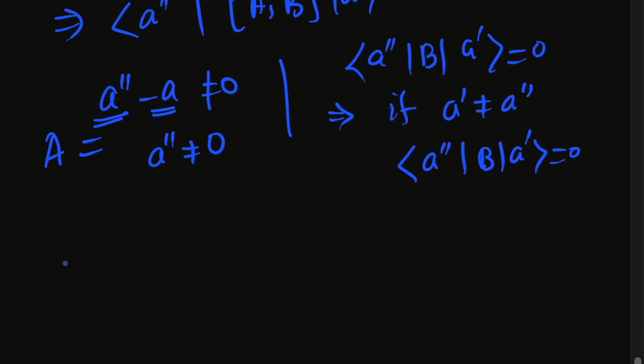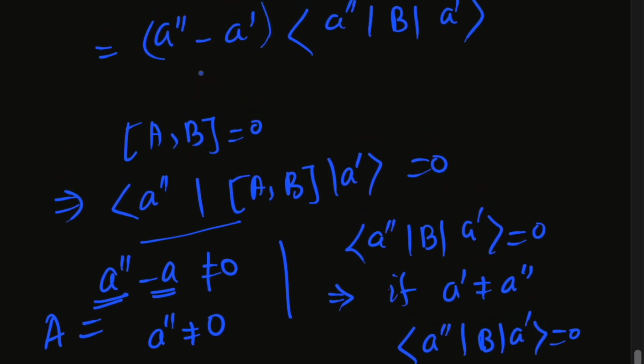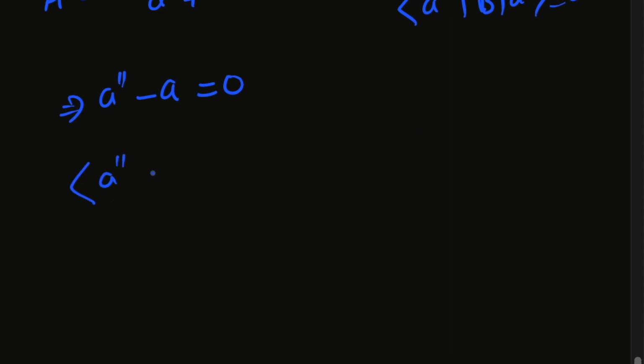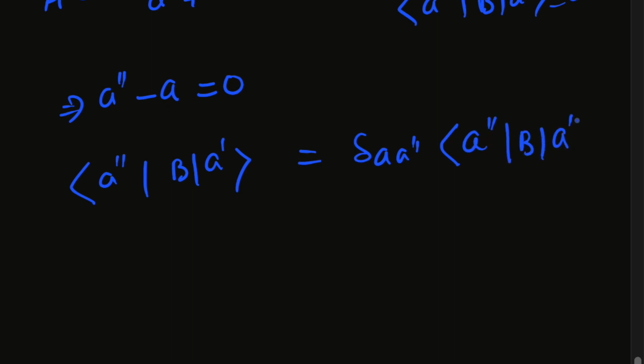And if A double prime equals A prime, then this factor itself becomes 0. That means <A double prime|B|A prime> will be delta of A prime and A double prime times <A double prime|B|A double prime>.